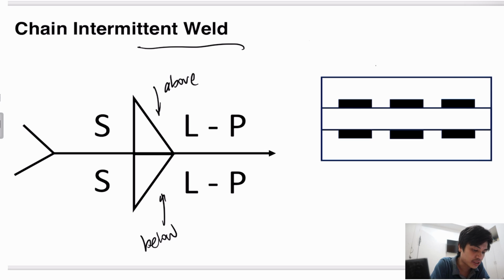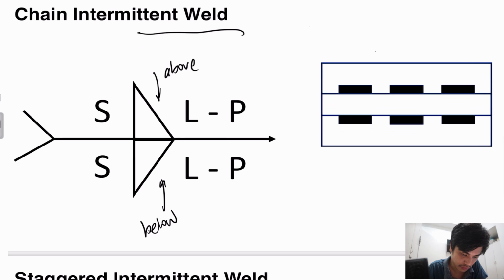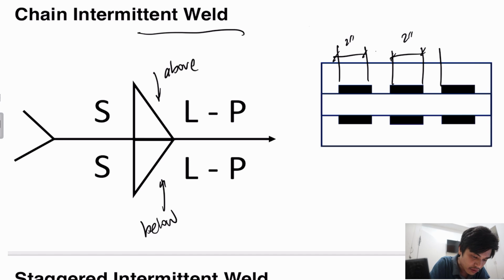Similarly, you can put the pitch on the right side of the length. So for example here, you have a 2-inch length of a fillet weld, then its pitch is 6 inches center to center.